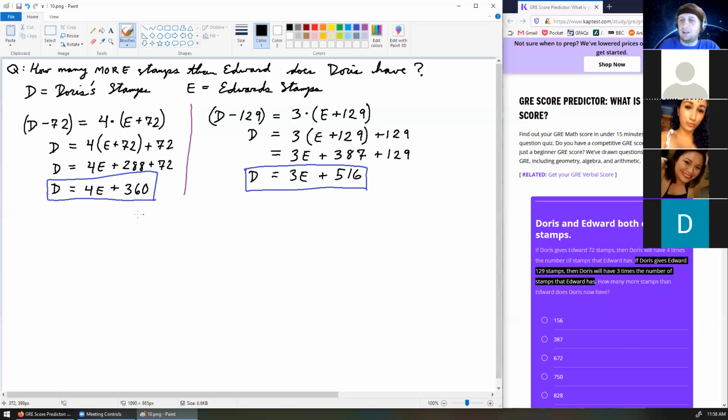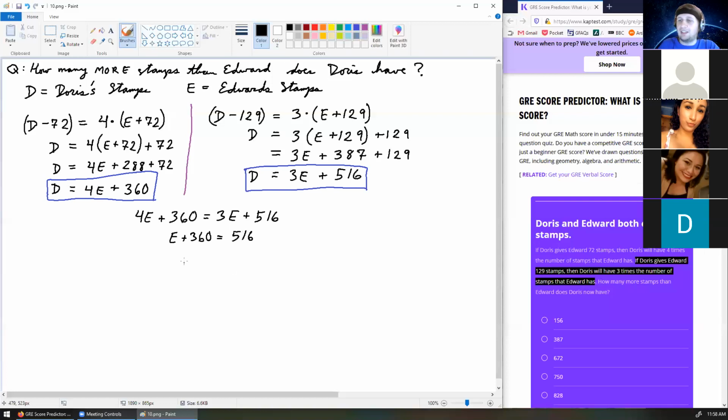If we set this D equal to this D, we can get 4e plus 360 equals 3e plus 516, right? Yes. If we subtract 3e from both sides, we get e plus 360 equals 516.